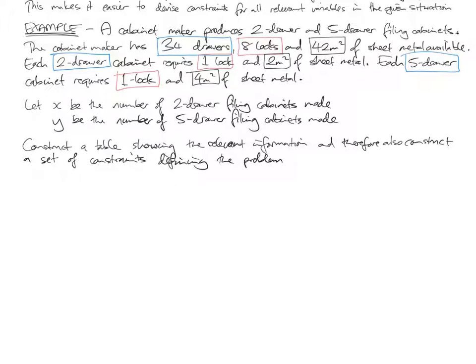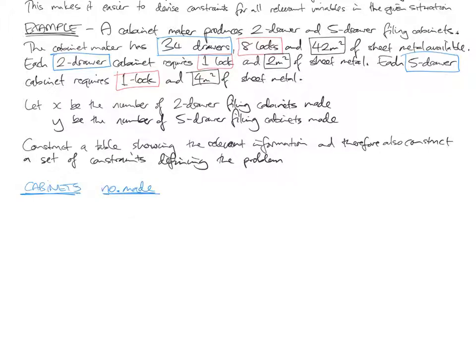Well, what are they making? They're making cabinets. So the first column would be cabinets. The second column would be, I'd suggest, the variables, number made.